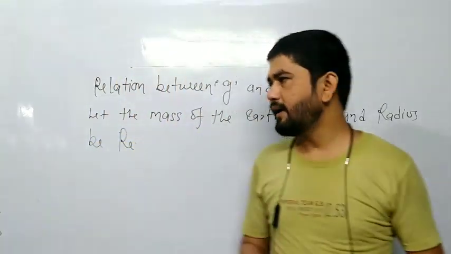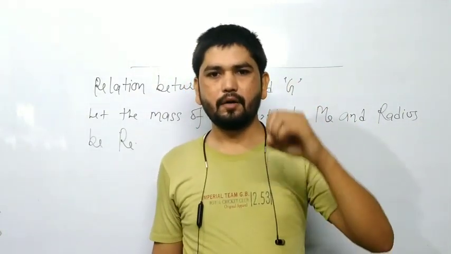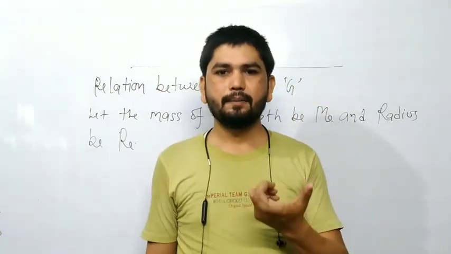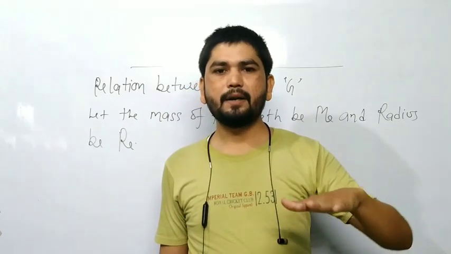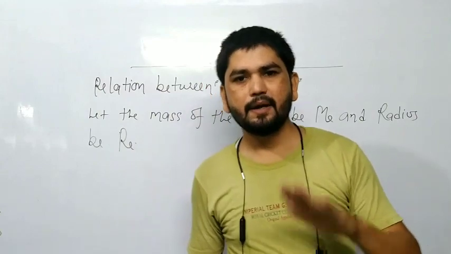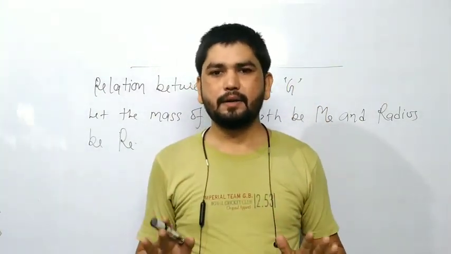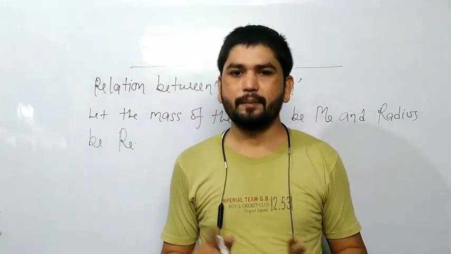One object of mass small m is placed at some height from the Earth's surface, and the mass of the object is small m.